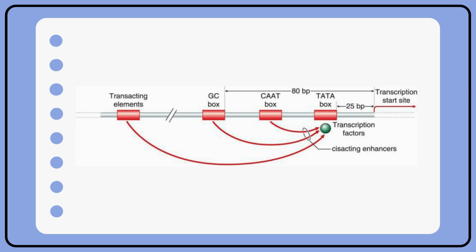Another type of gene promoter is the GC-rich promoter. This type of promoter is located approximately 80 nucleotides upstream of the gene of interest. These types of promoters do not directly initiate transcription like the TATA box promoter.